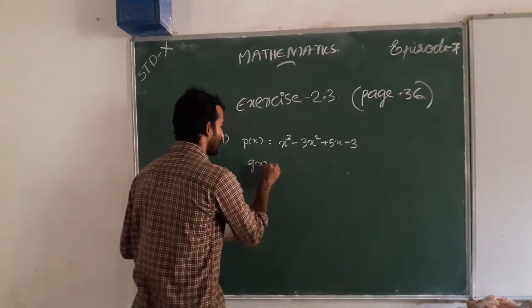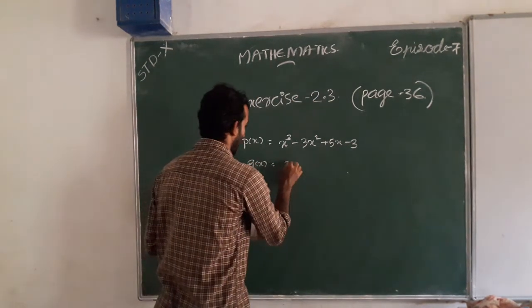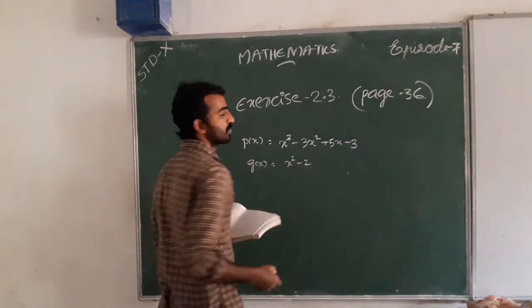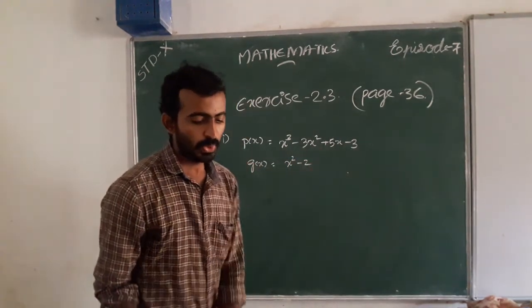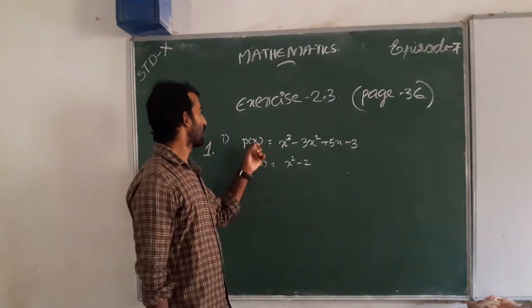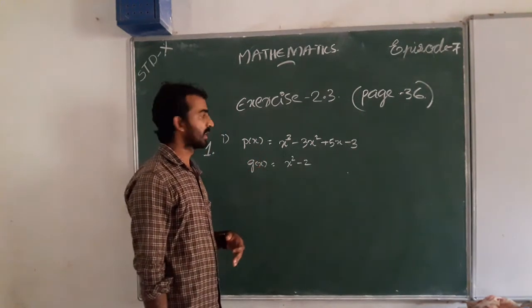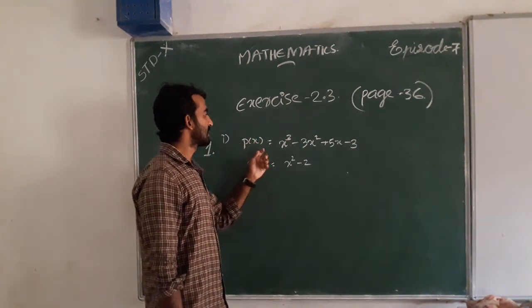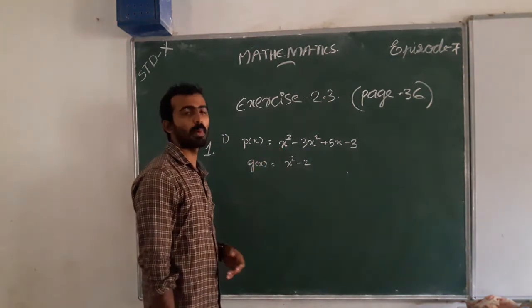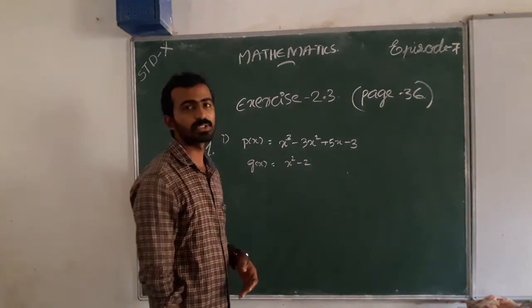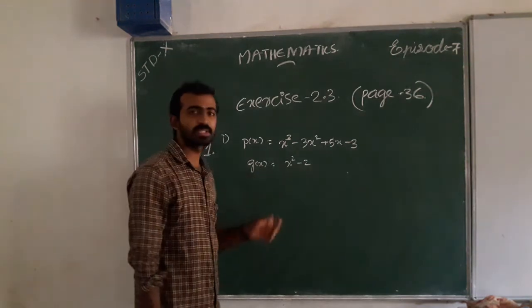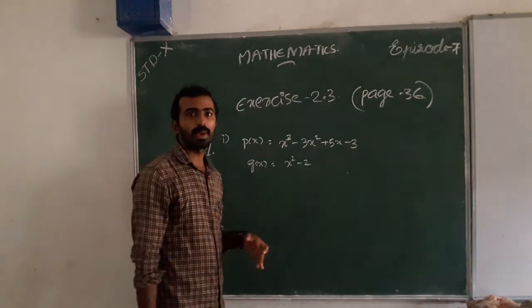g of x equal to x square minus 2. We want to divide p of x by g of x. Here the dividend is p of x, that is x cube minus 3x square plus 5x minus 3, and g of x is x square minus 2.